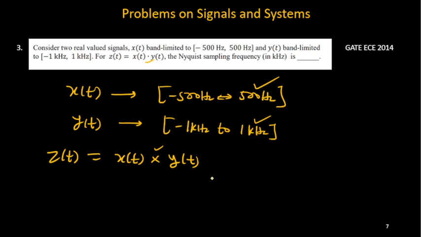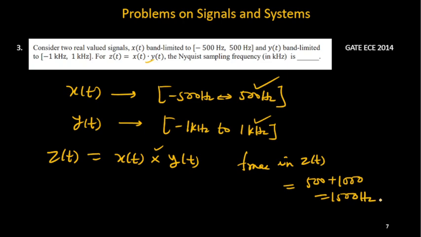Then what is happening? The maximum frequency of z(t), f max in z(t), will be 1000 plus 500, meaning 1500 Hz.